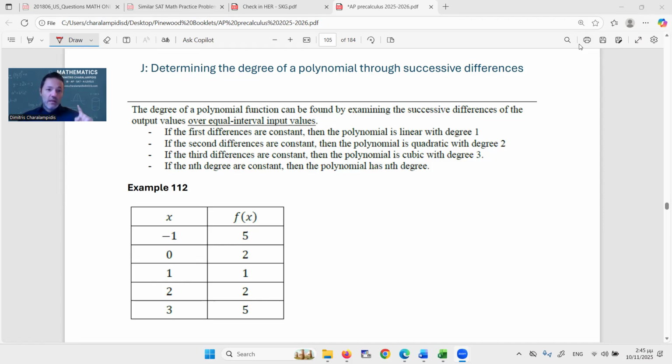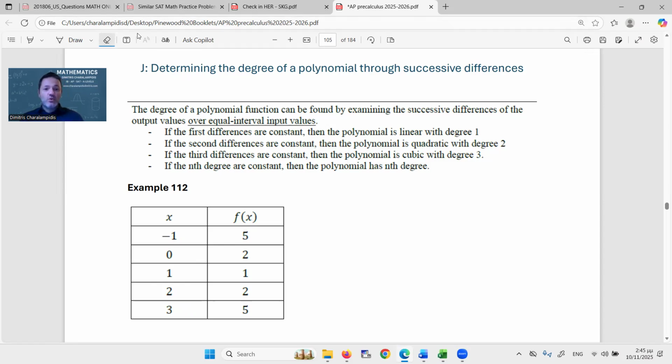From 0 to 1, another difference of 1. From 1 to 2, another difference of 1. And from 2 to 3, another difference of 1. If instead of 3, we had 7, or if instead of -1, we had -4, this method would not be applicable.